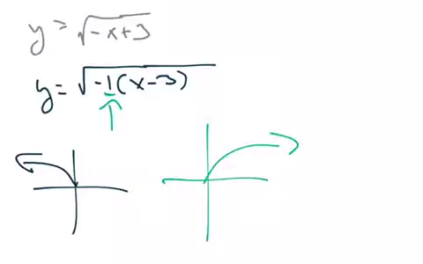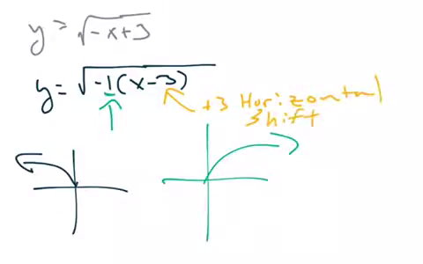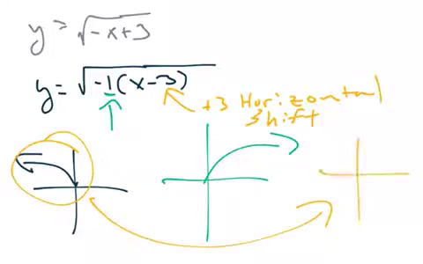Whenever it's in the parentheses, it tends to mean that it's going in the opposite direction. So we have a horizontal shift to the right. This is why you see this piece here really becomes now over here like so. Okay? So that's that part there.